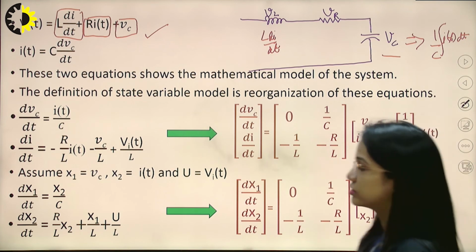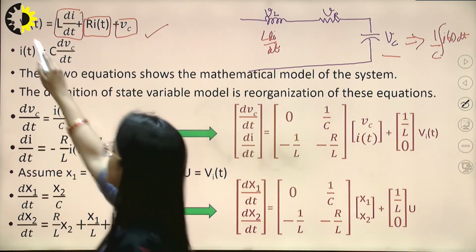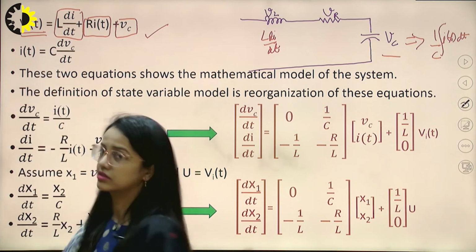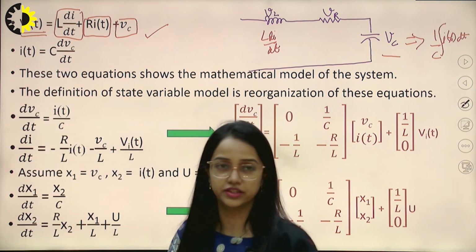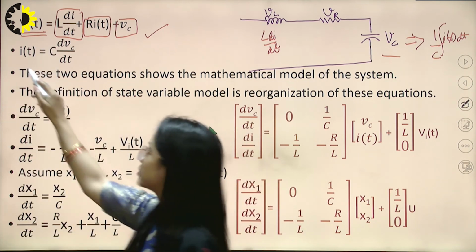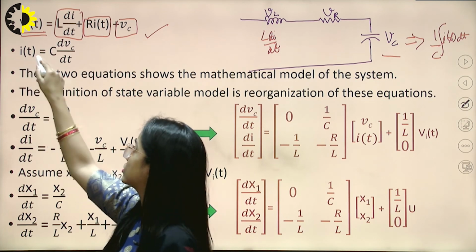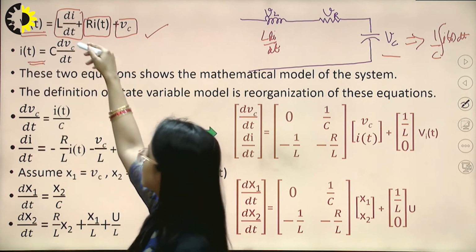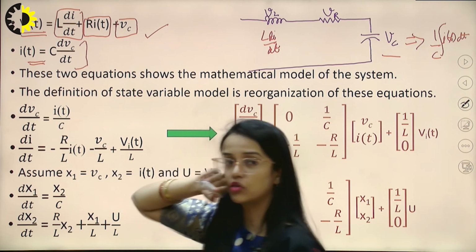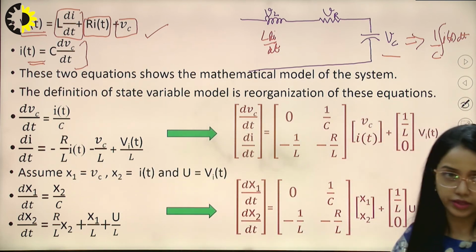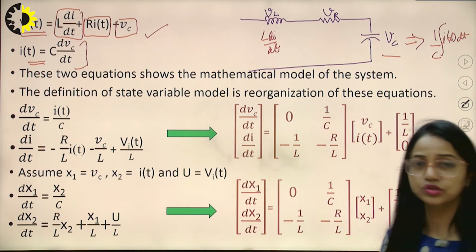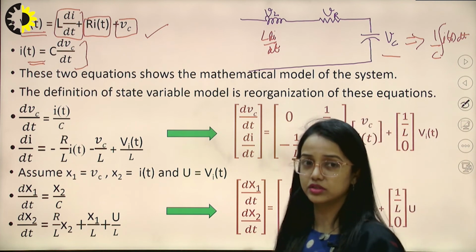This is the first characterizing variable. The second characterizing variable is I of t. So this I of t can be written in terms of VC, that is C dVC by dt. These two equations show the mathematical model of the system.